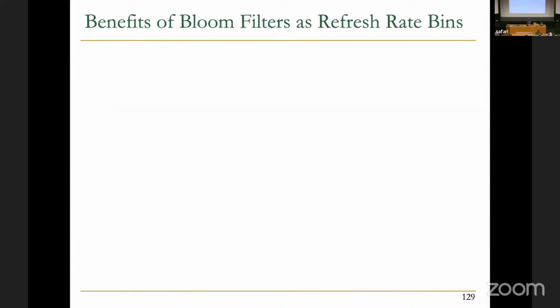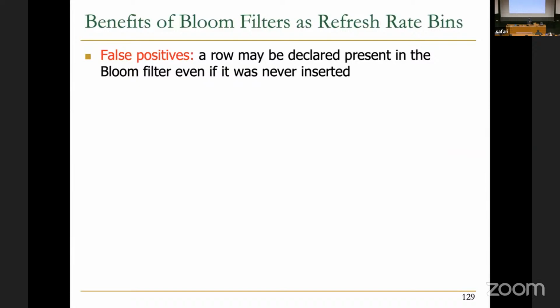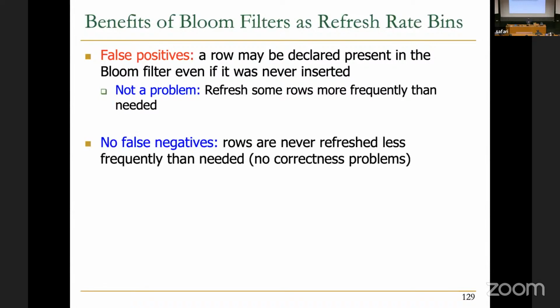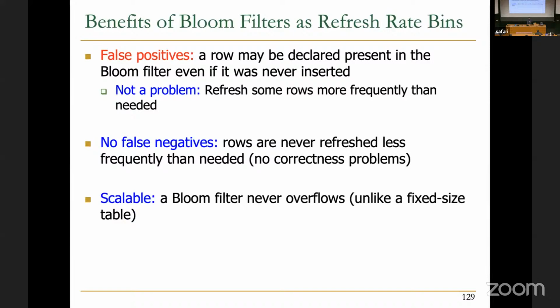Okay. So a row may be declared present in the Bloom filter even if it was never inserted. It's not a problem. I already thought about it. There are no false negatives, so you always refresh rows at least as much as they need to be refreshed.